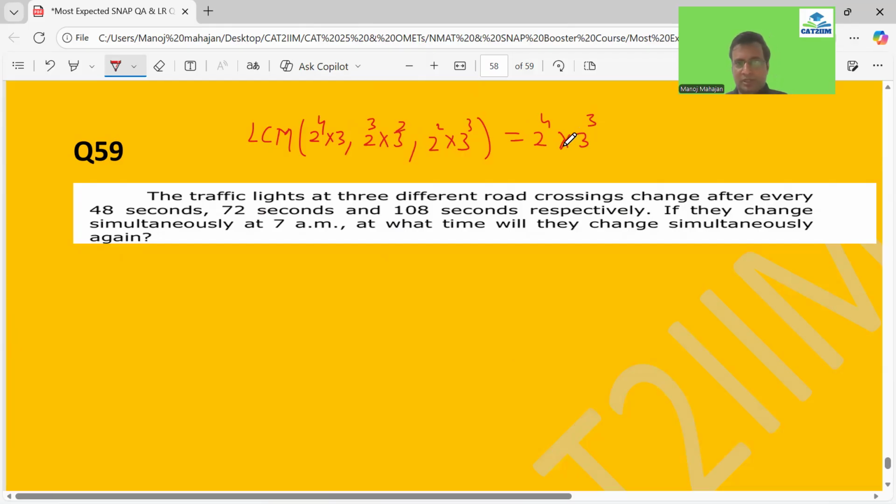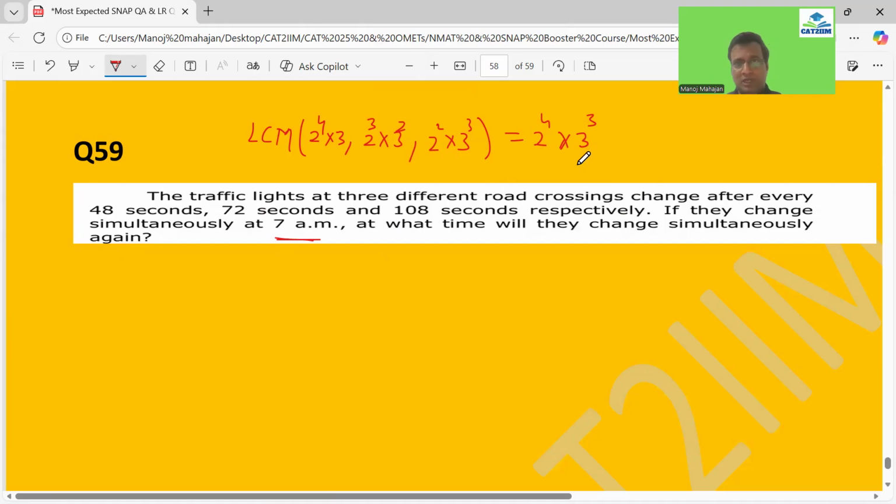So let's calculate this value because this is the time after which they would change simultaneously, right? And that's what the question talks about. So 7 a.m. they've already given, and now next what time it would be, we have to just convert this as per the options also if we had.